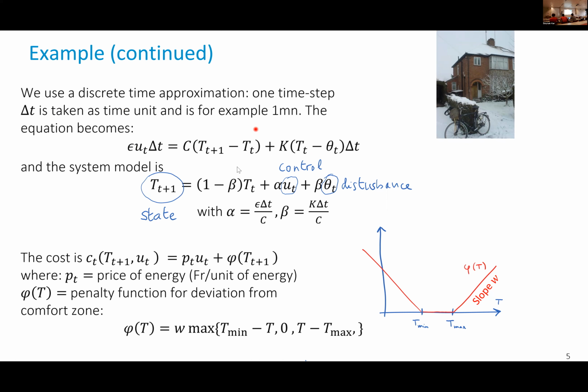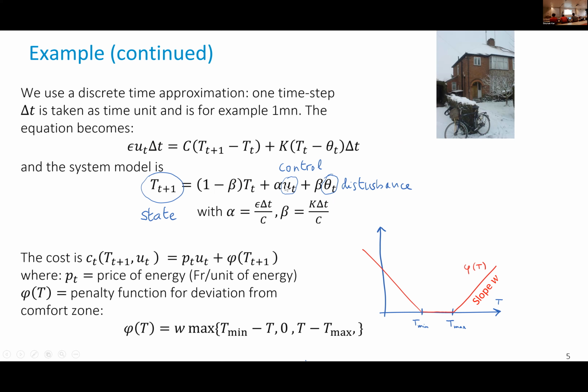So if I massage this formula a little, I obtain this. The temperature at time t plus 1 is equal to some coefficient times the temperature at time t, plus something that depends on U, the amount of energy I've put in, and something that depends on the outside temperature. So that is my model of the house.